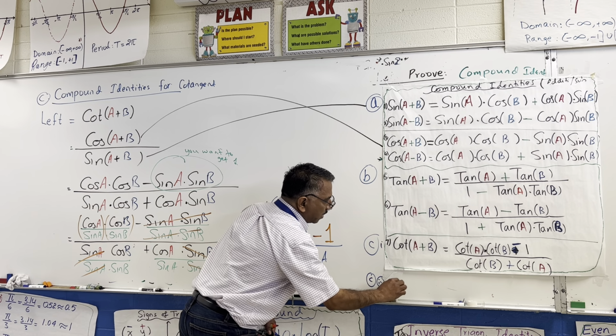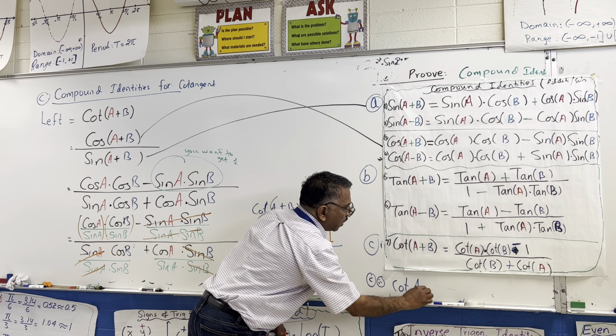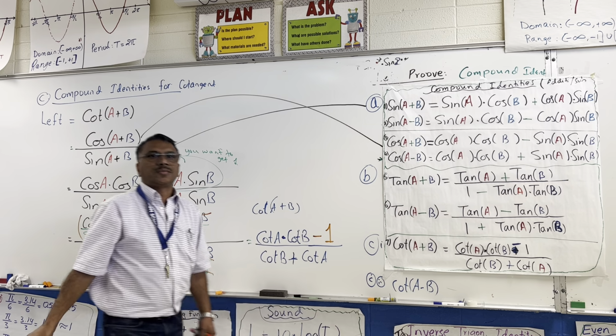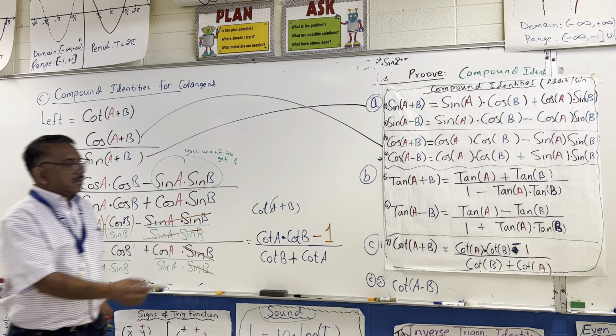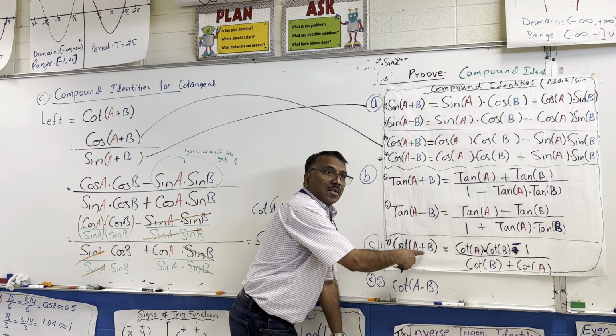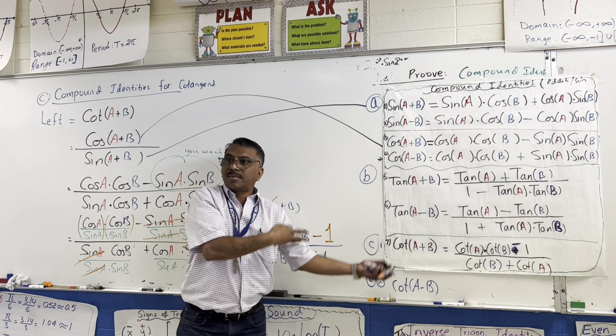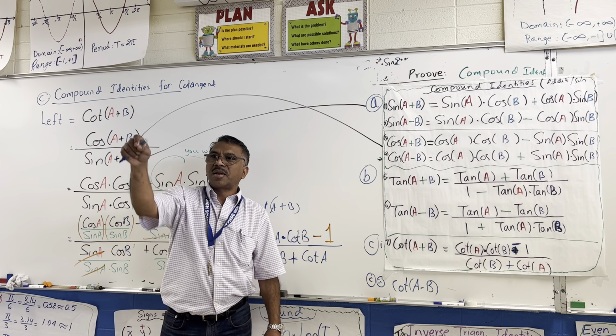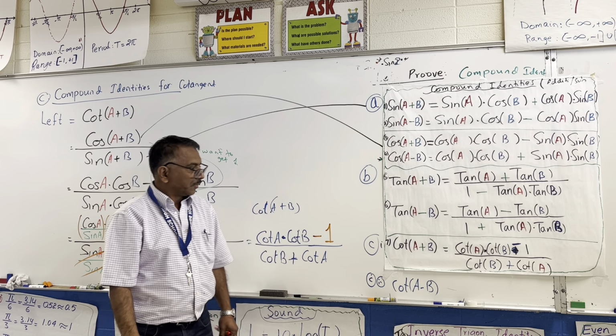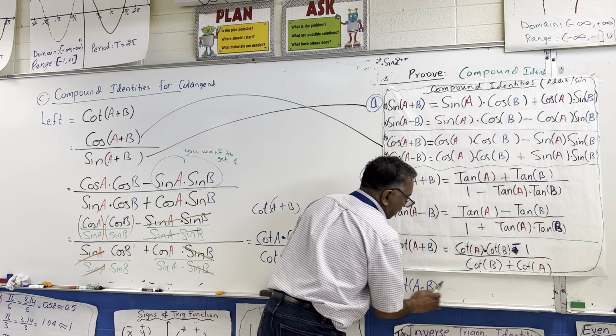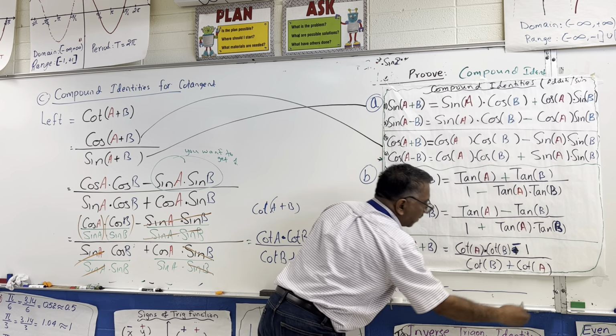Can you write that? Cotangent of, what if it was minus? This is for plus, right? There was another formula which I could not write on the chart. Can you write that in your notebook? Would anybody like to tell me what I should write there?